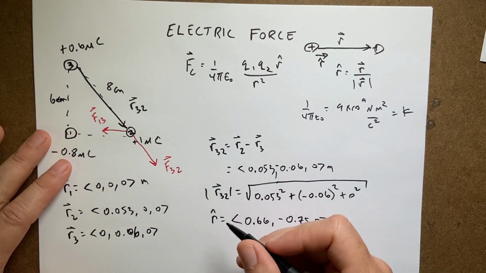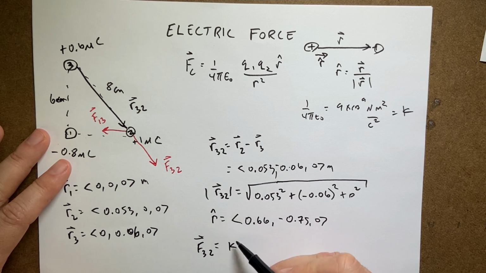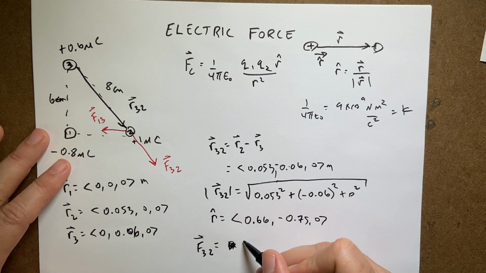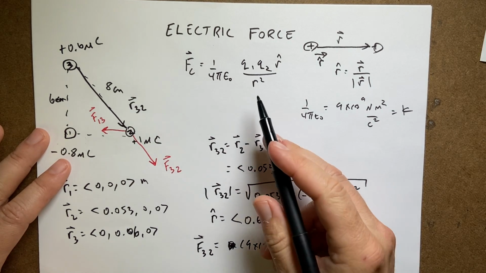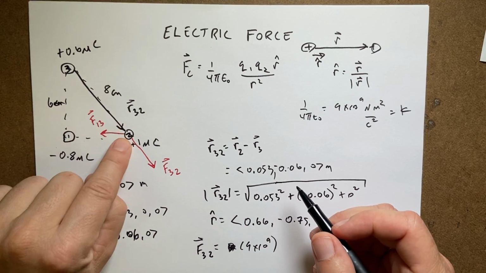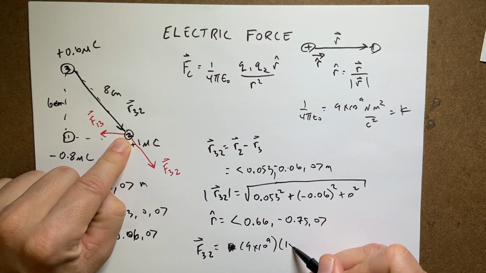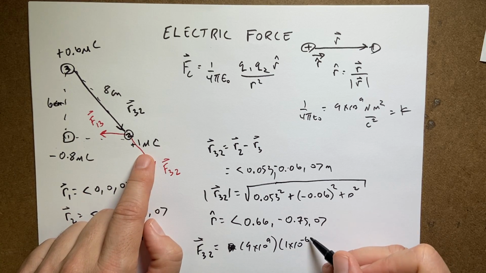Okay, now we're ready to find F32. It's going to be equal to K. Let's write it out the whole way. 9 times 10 to the 9th. I'll leave off the units. Q1, Q2, which is 1 times 10 to the negative 6. Remember, microcoulombs means 10 to the negative 6.